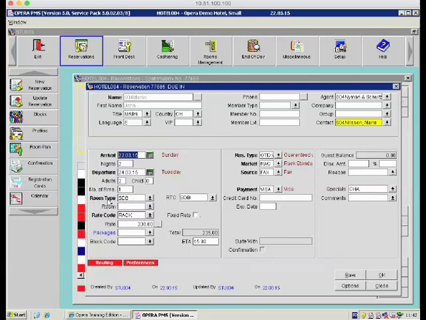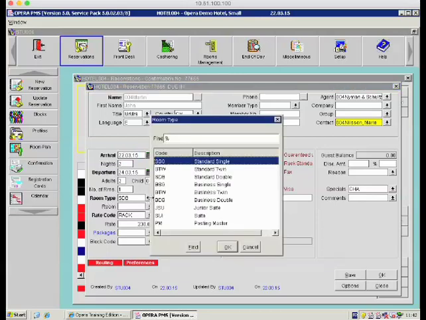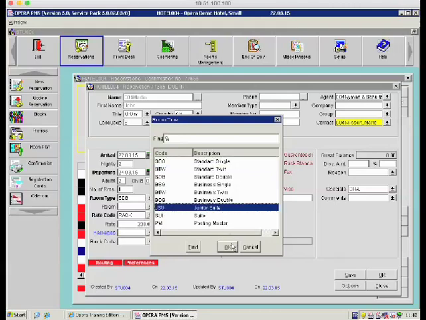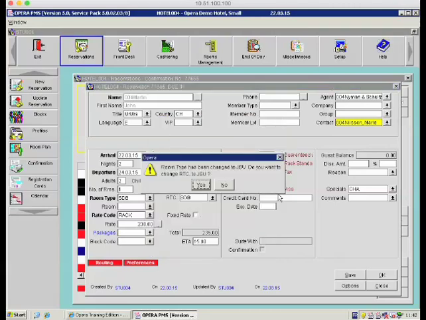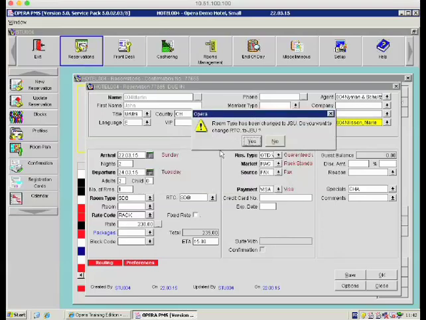If you want to upgrade the customer, you simply select a higher room type, which is Junior Suite, for example. And then Opera will prompt you and say that the room type has been changed. Do you want to change RTC to Junior Suite? So in the case of an upgrade, if it is requested by the customer, he will pay the difference. Therefore, you would say yes.